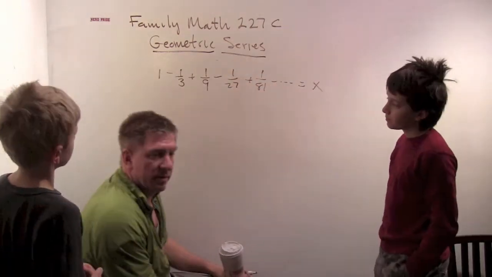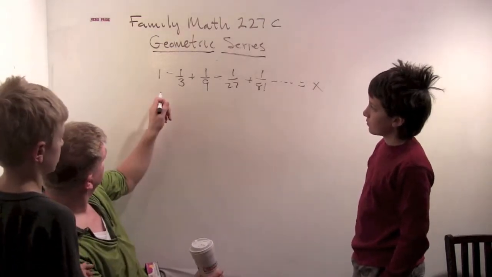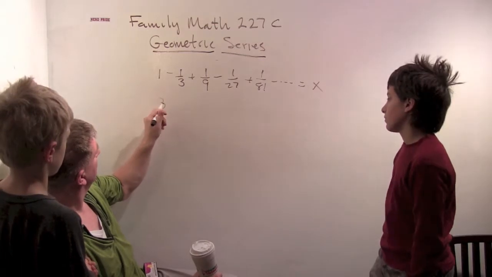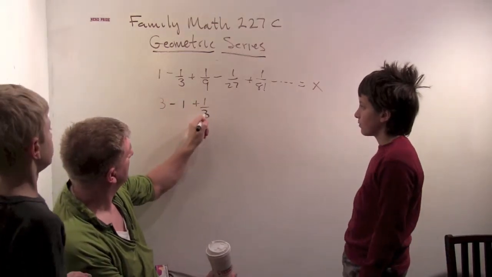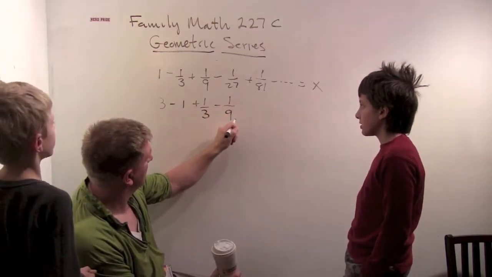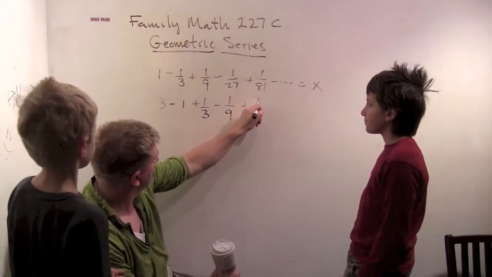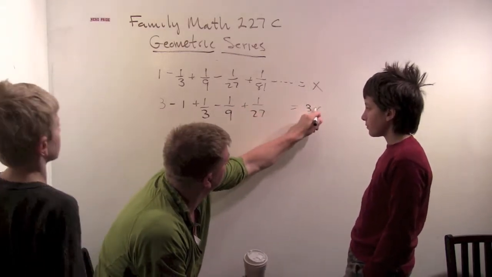What would be an interesting thing to multiply by here? Maybe 3 again. So now I get 3 minus 1 plus a third minus a 9th plus 1/9 minus 1/27. And this is 3x.